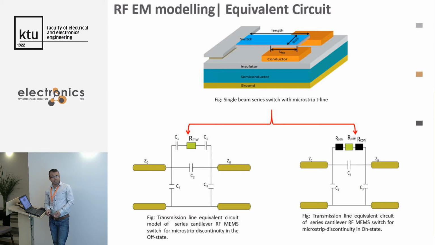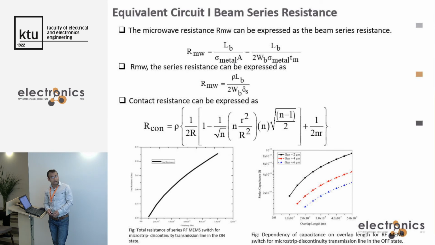In the on state, C1 is replaced with the contact resistance, and then we can find out with some analytical equations the total resistance, and also find the gap with the series capacitance.